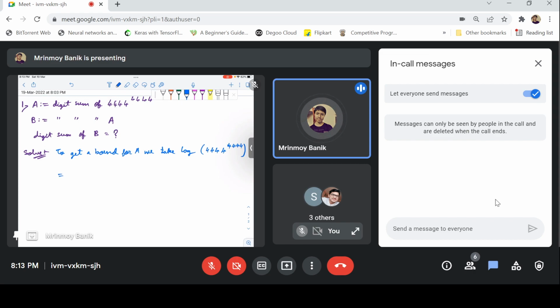And that's equal to 4444 times log of that base. It's a 4-digit number, so it's of the order of 10 power 4. So this is of the order of 4444 times 4.